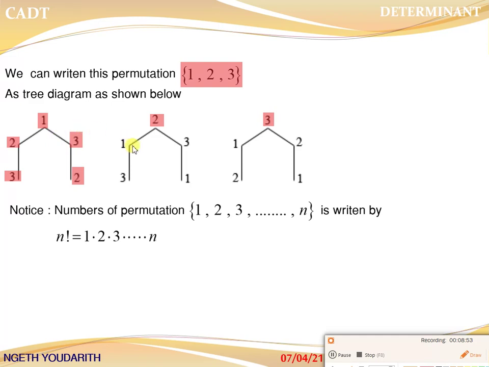This is our permutation as a tree diagram. Likewise, you have number 2, you leave off number 1, you leave off number 3, and number 3 and number 1. This is the same as the first one I told you.